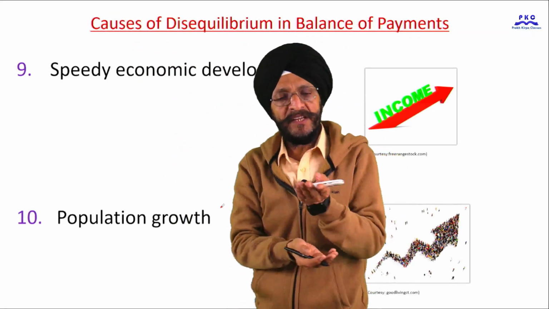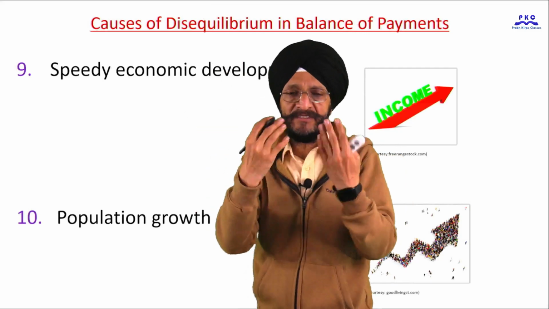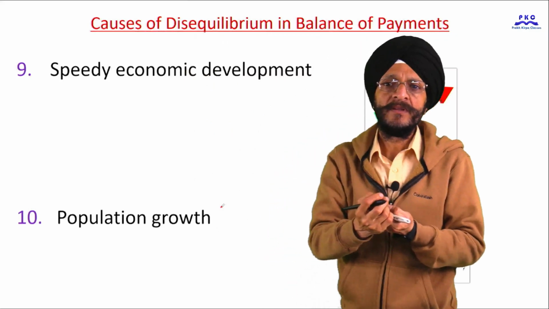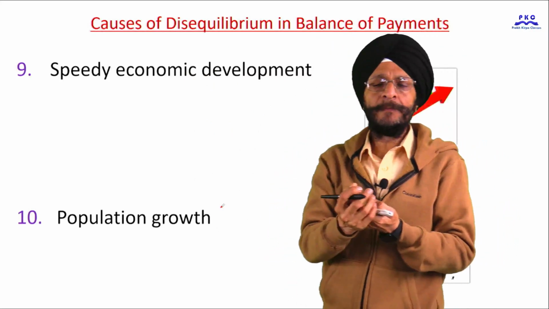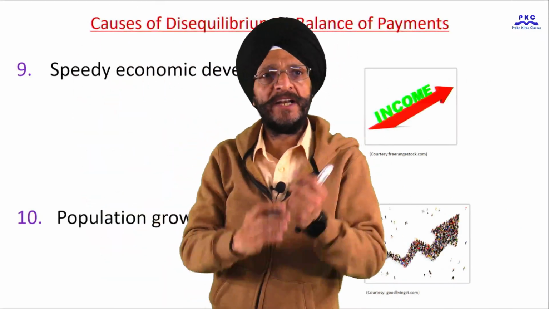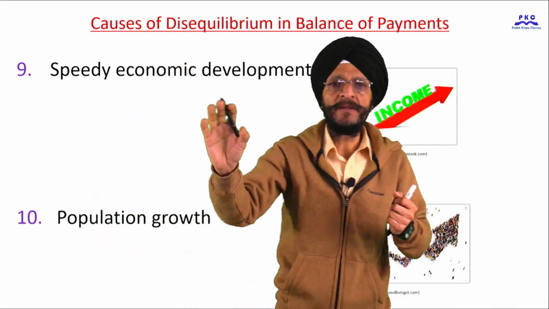When there is demand, goods will be purchased from abroad, imports will increase, and when imports increase, foreign exchange outflow will be more, and it will result into disequilibrium in balance of payments.